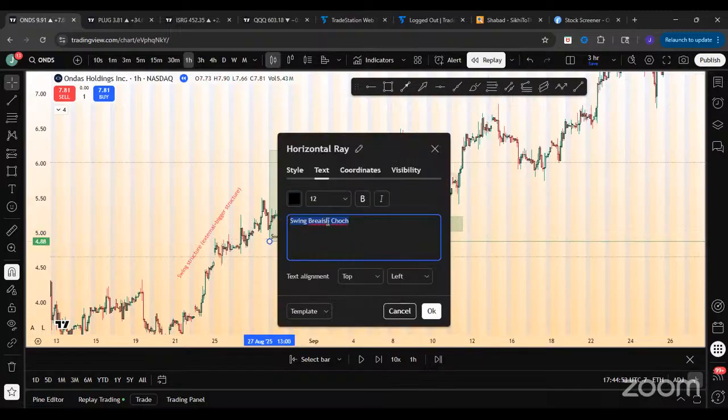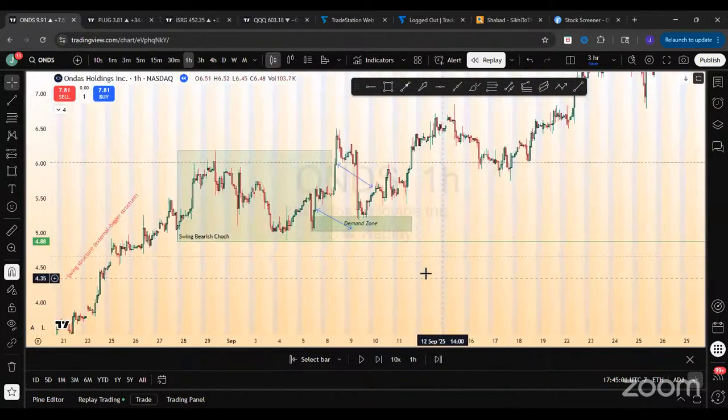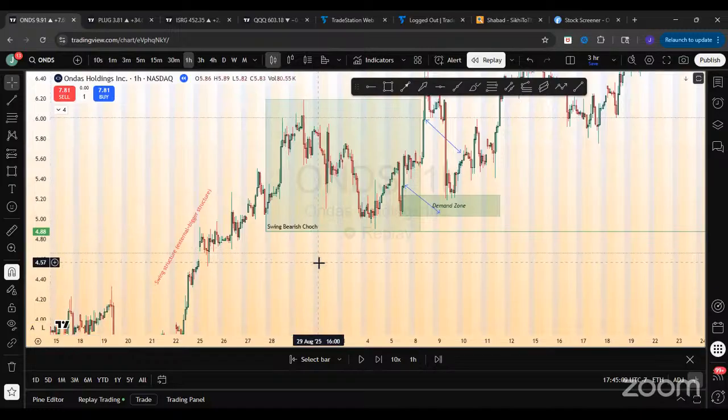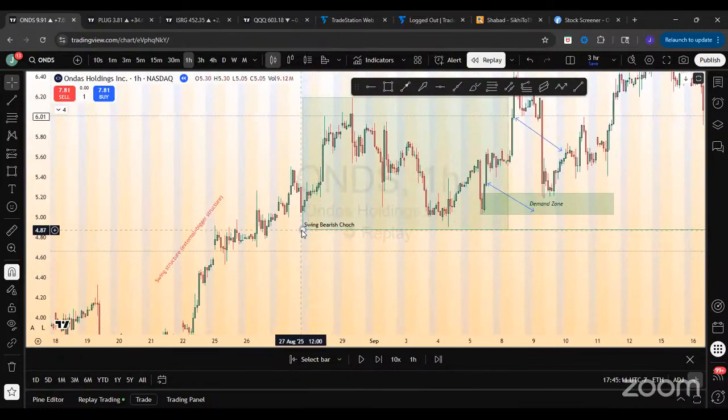And if you really think about where I drew this, it is simply a break. Remember what I said on my whiteboard. If this is a support level right here, and this had broken, that would have given you a swing bearish change of character.